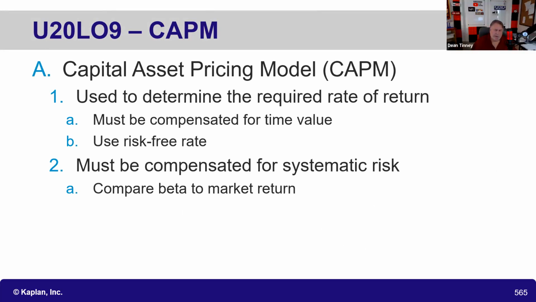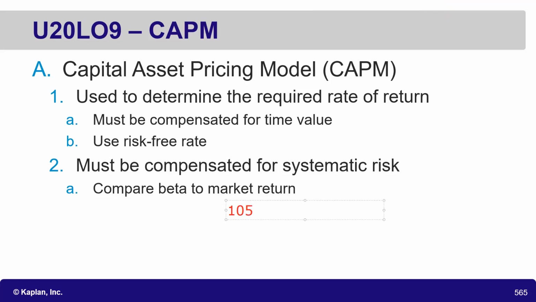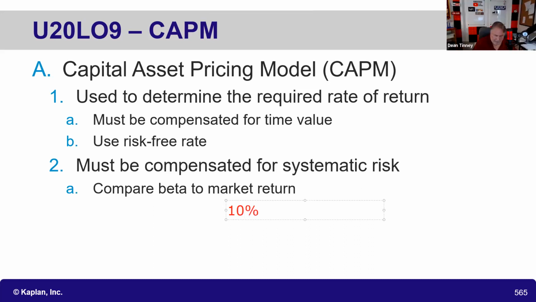So the risk-free rate of return is whatever we assume it to be for doing the math. But in general, you're kind of familiar a little bit already with this expected or required rate of return. I'm oversimplifying this substantially. But if, for example, we have a market return of 10%, and I'm just making that up, and we have a security with a beta of 1.5, we would expect a 15% return.